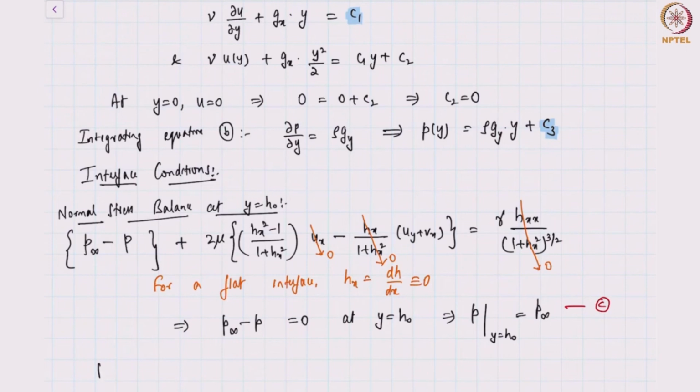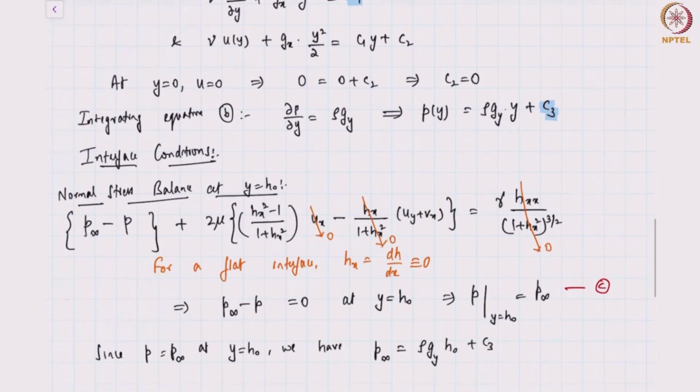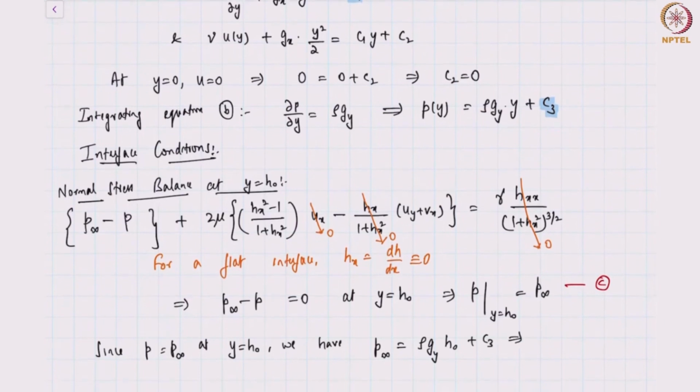So since P is equal to P infinity at y equals h naught, we have P infinity will be rho g y, that's the y component of gravity, times h naught plus C3, and this gives me C3 will be P infinity minus rho gy times h naught.